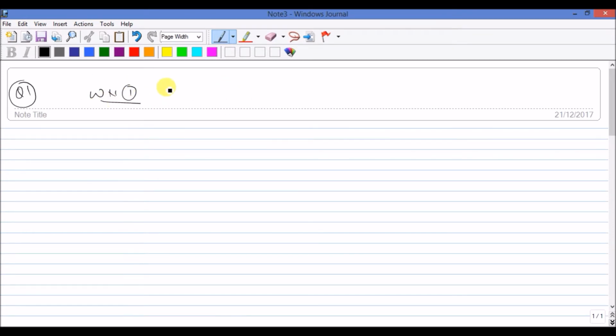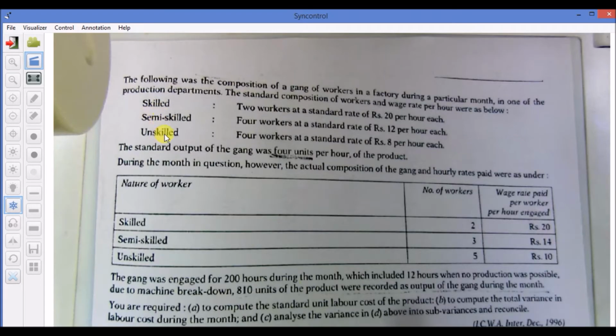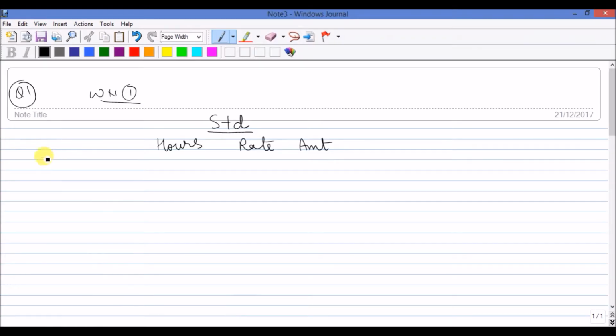Working note 1. Now the purpose is, I have to make something what is required. We require a standard. So we have hours, we have rate and we have amount. Then there are 3 kinds of workers: skilled, semi-skilled and unskilled.